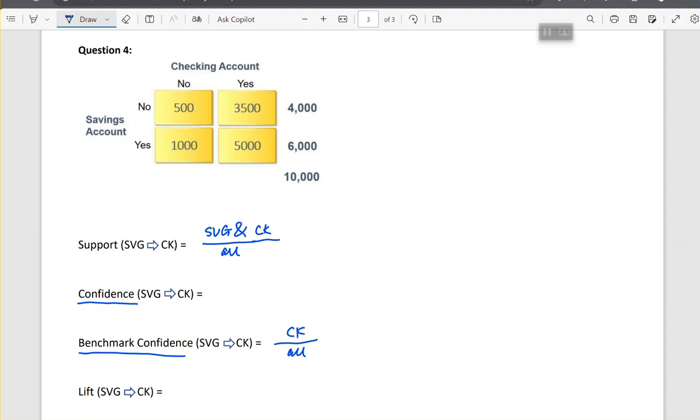How many checking accounts do you have? In this case, do you care about how many of them have the saving account or not? Actually, I don't care. I just care about how many customers have checking accounts in total. So here be careful.